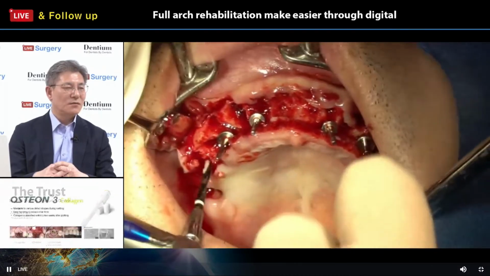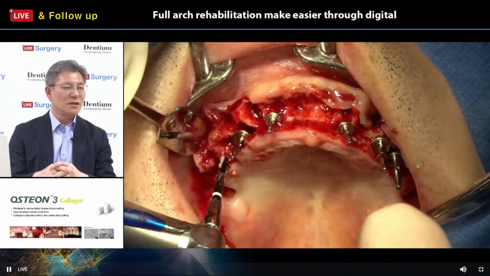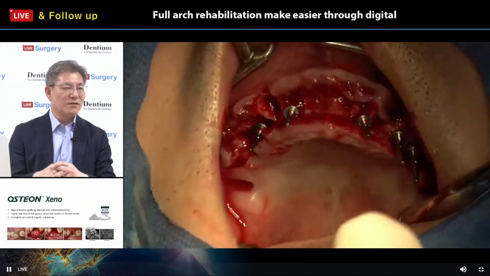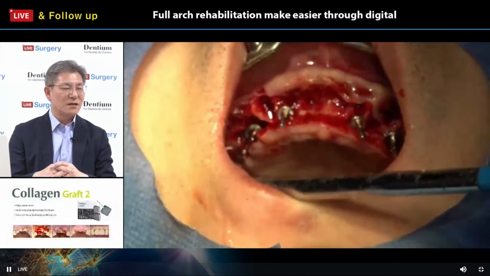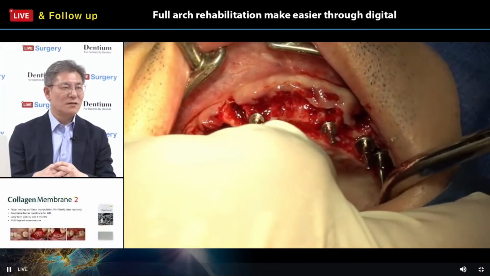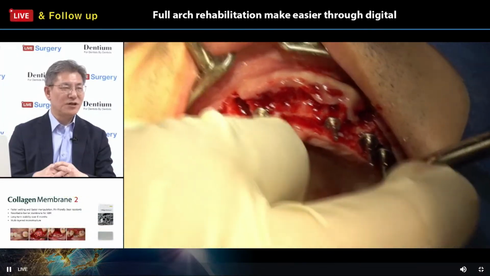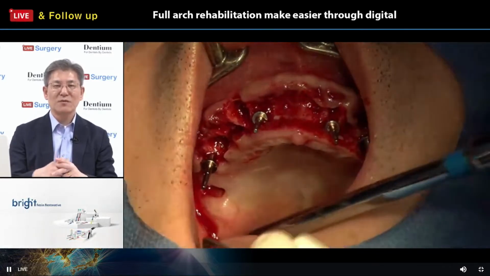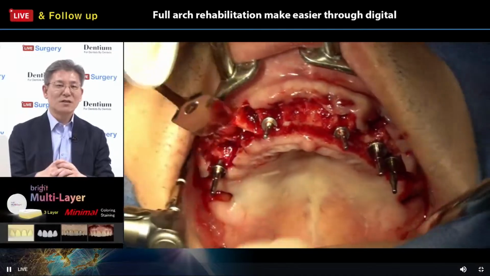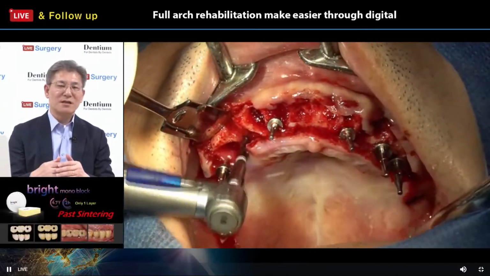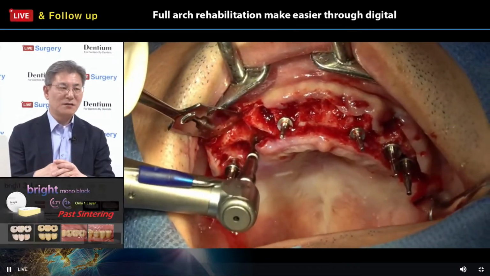The posterior one moves a little bit more posterior, so between number 15 and 16. According to this drilling protocol, the whole implant surface should be covered by host bone. As I mentioned before, bone grafting is the auxiliary part.